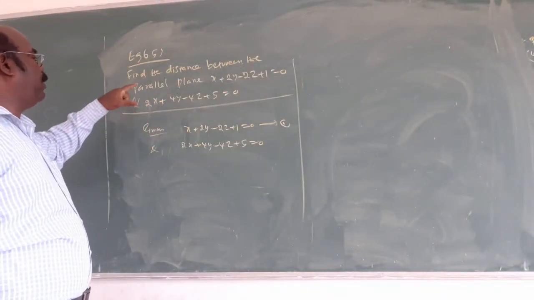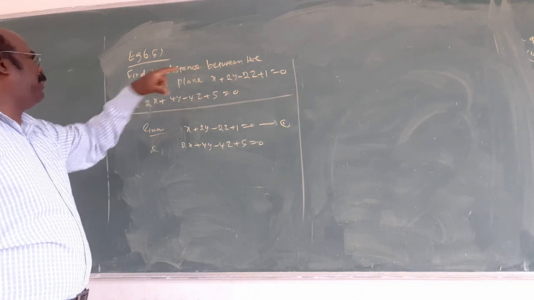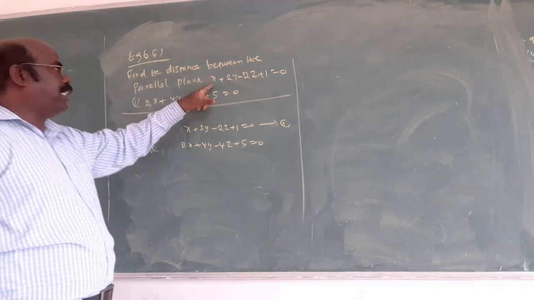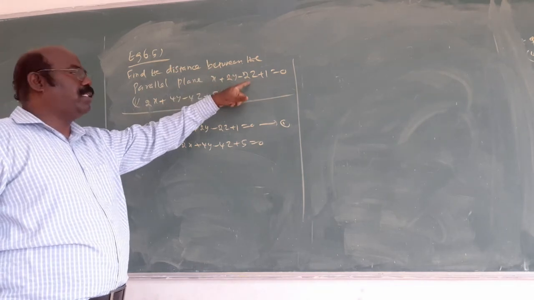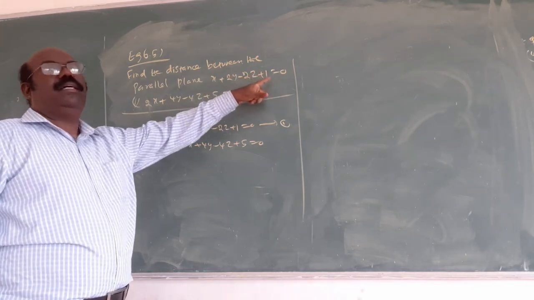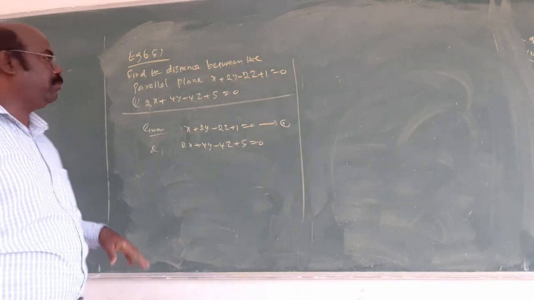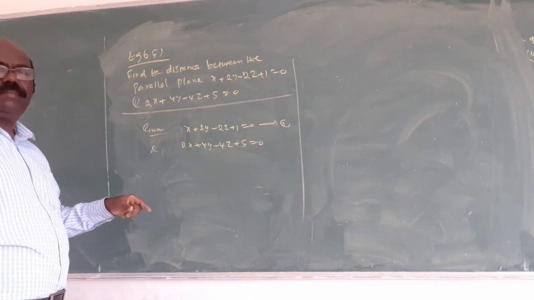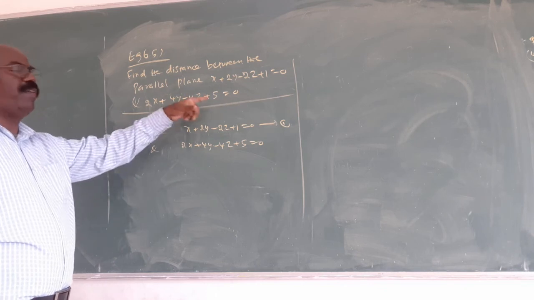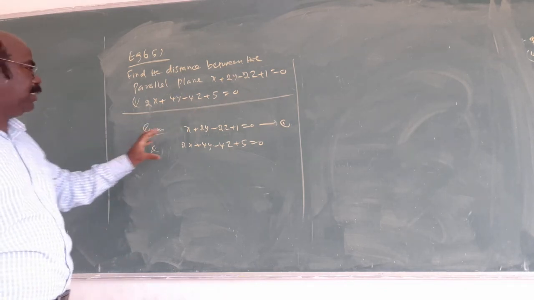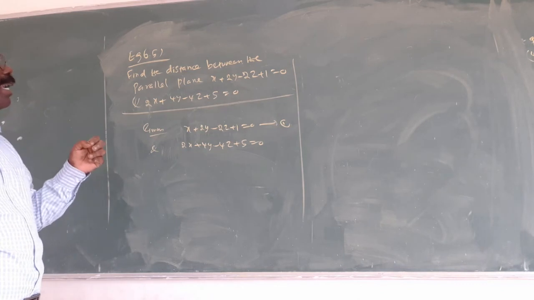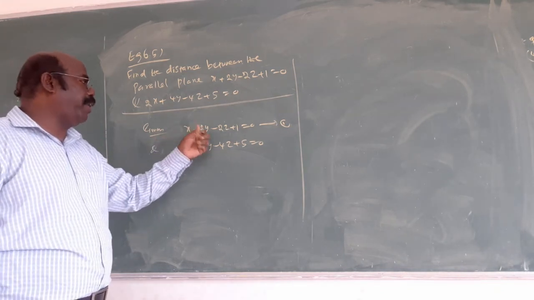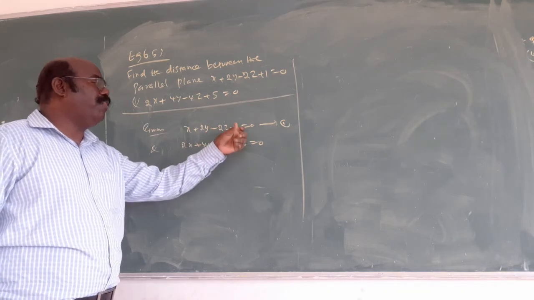Exam problem 6.51. Find the distance between the parallel planes x plus 2y minus 2z plus 1 equal to 0 and 2x plus 4y minus 4z plus 5 equal to 0. This is good. In parallel planes, the x term, y term, z term will be equal, differing only by a constant.